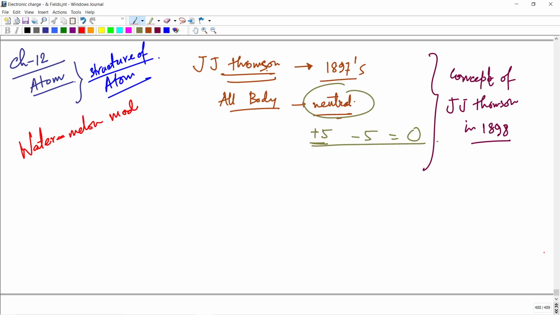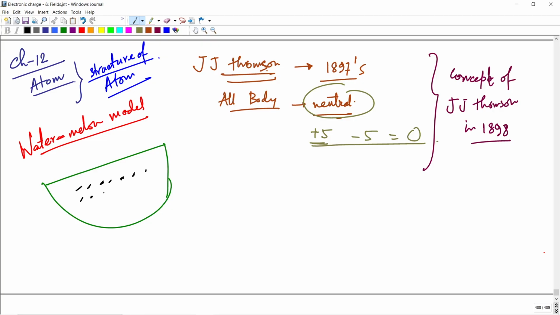So what is the watermelon model? Suppose this is a watermelon and here are some seeds inside it, perfectly placed. Those are the seeds of the watermelon.